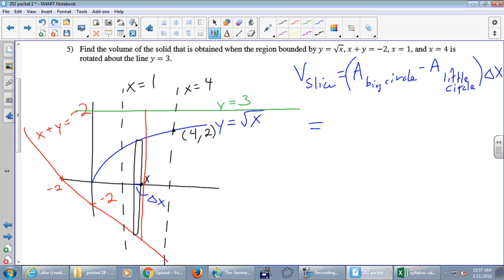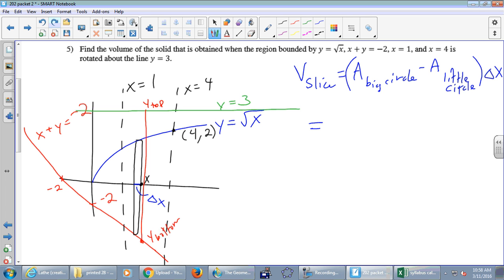It depends on the y equals 3, which is constant, but it also depends on the red diagonal line here. So I would say that this is y at the top, and this right down here is y at the bottom. And if I subtract those y's, I'm getting the radius of the big circle. Got it? So that's what we're going to do. Y at the top minus y at the bottom to get that radius.